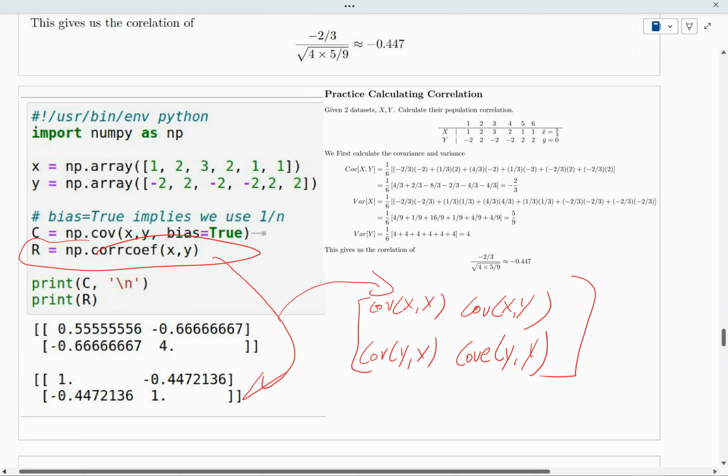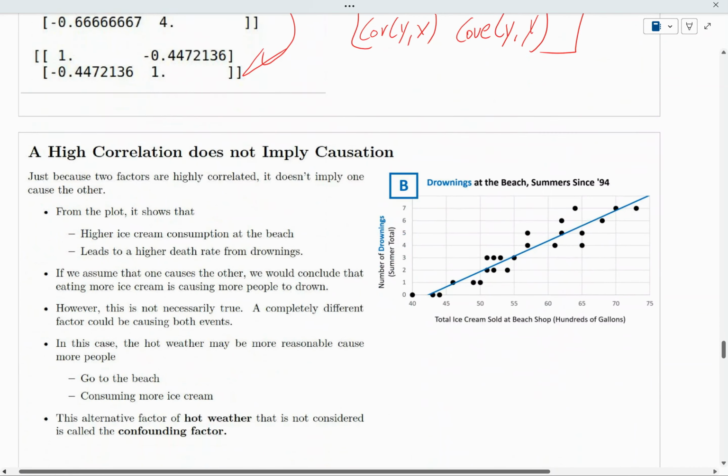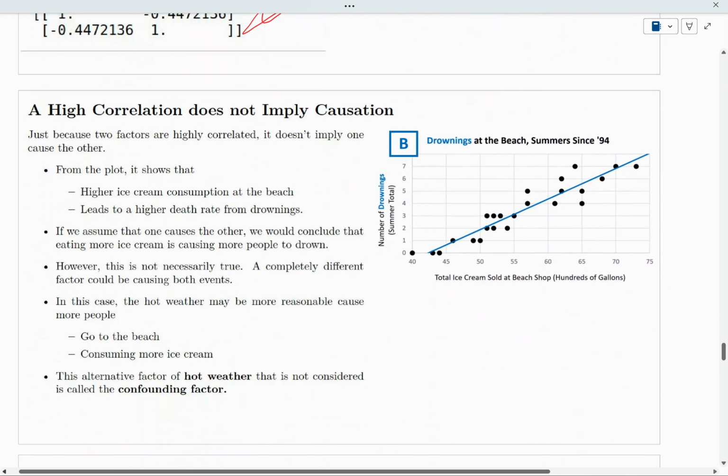Okay. All right. One quick note about correlation. High correlation does not imply causation. So here's an example. Here is the total number of ice cream sold, and here is the total number of drownings. We can see a clear positive dependency. But can we then say that the ice cream being sold is causing the drowning?